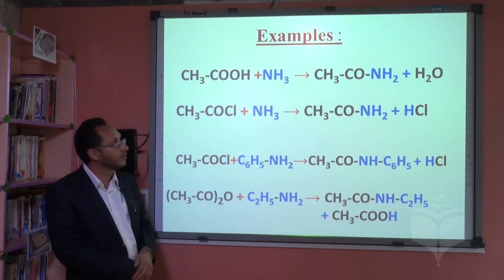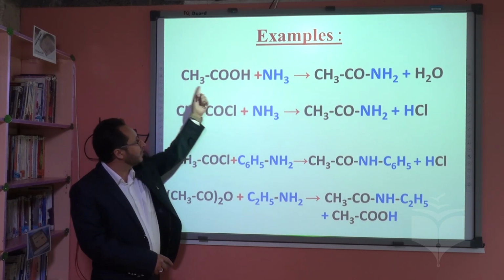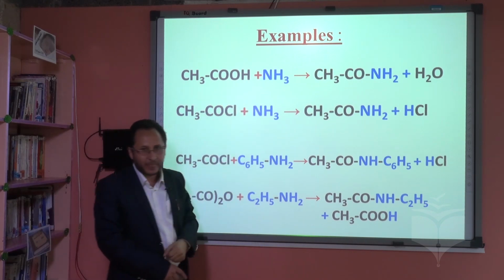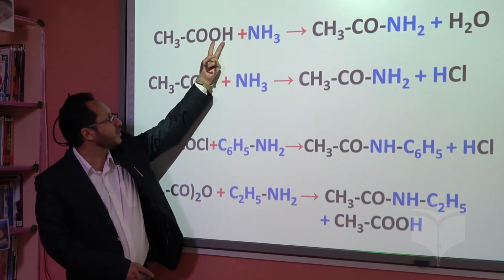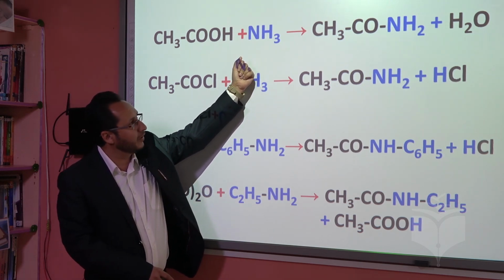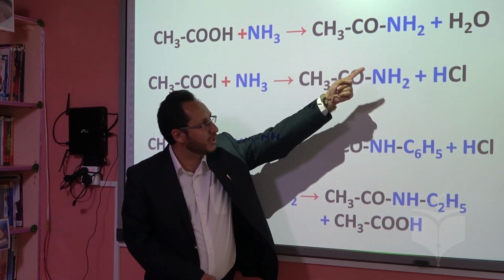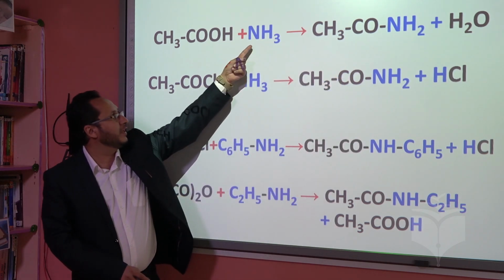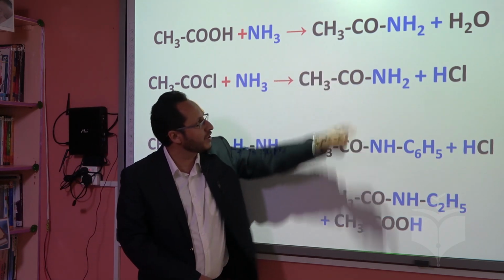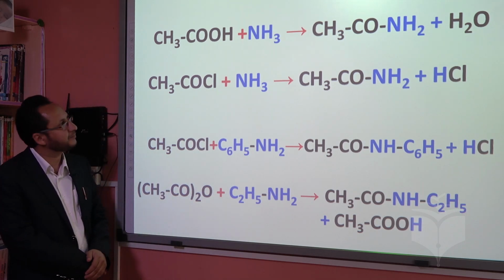Now examples. Instead of the R you have to write CH3, so this is acetic acid. Acetic acid with ammonia, you just have to replace this OH by NH2. We remove OH with H, so it is H2O, and you have to join NH2 with CO, so we have CH3CONH2, so it is acetamide.